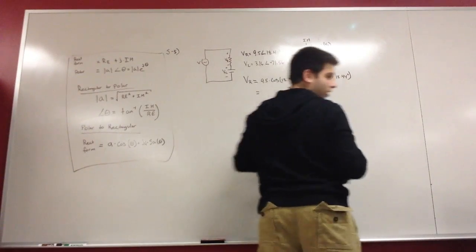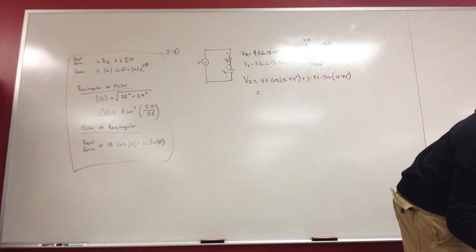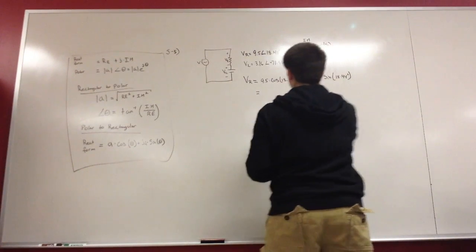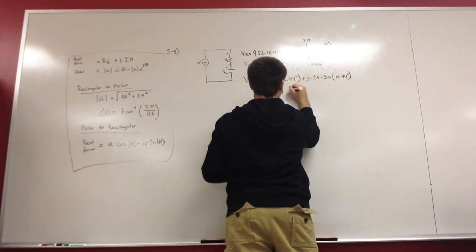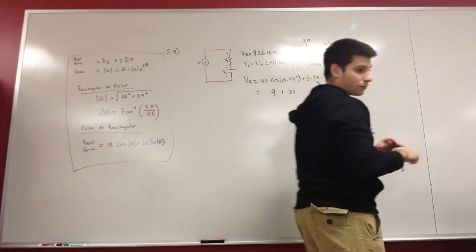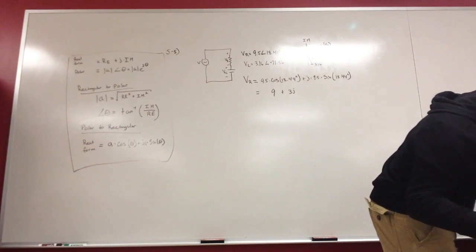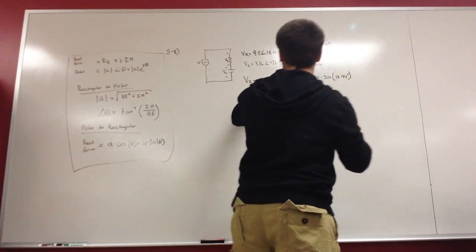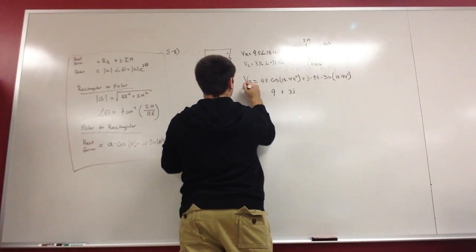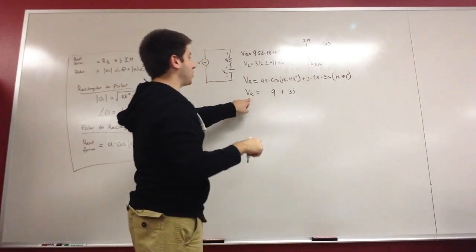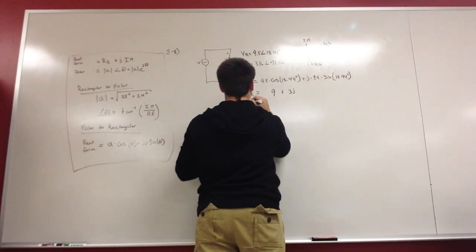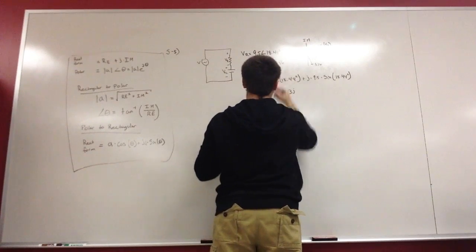So this comes out to be 9 plus 3j. Yeah, that looks right. 9 plus 3j for our V sub r. This is our rectangular component of V sub r. Now to find V sub L, we follow the same method, just with different values.